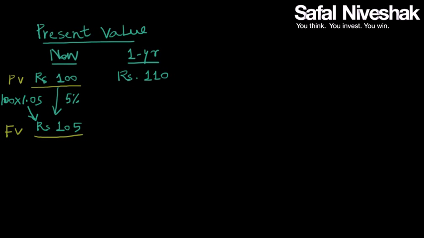Coming to the second option, 110, as I said, I'll give it to you 1 year from now. So this is the future value, 110. This 100 rupees is the present value, and this 110, since I am giving it to you in the future, is the future value. Now you want to calculate what is the present value of this 110. So we'll do a reverse calculation.